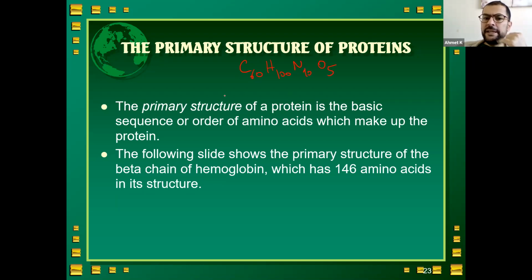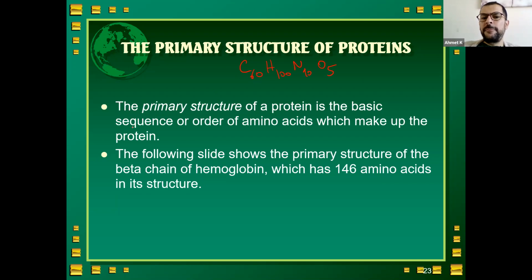We learned in the first chapter of organic chemistry that this means nothing, because what is the structure? How did you put together all these carbons, nitrogens, and oxygens? That's why you need to understand the structure of the proteins.